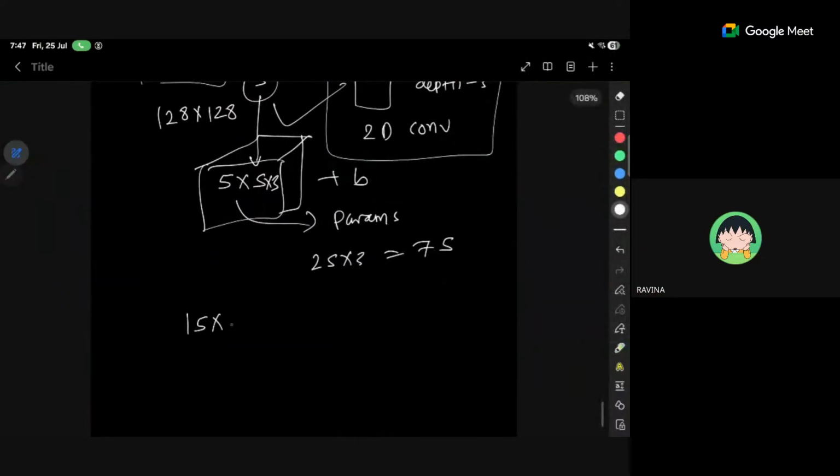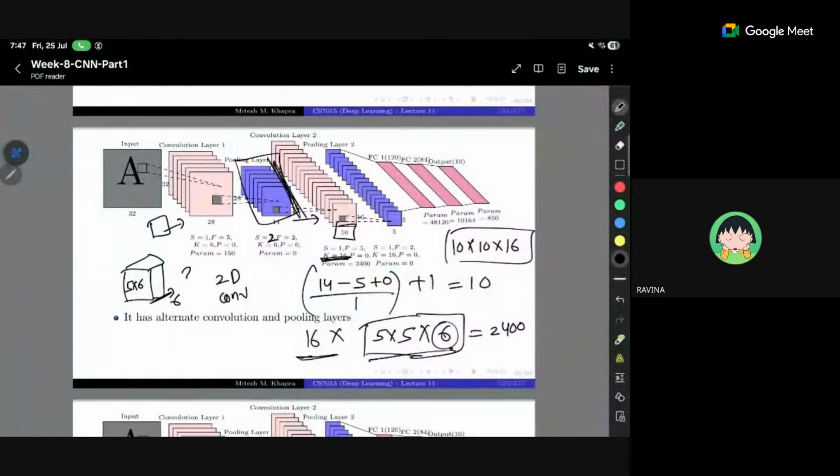So we have 5 cross 5 cross 6 cross 16. Yes, it is 2,400.